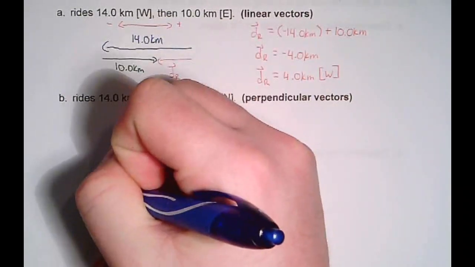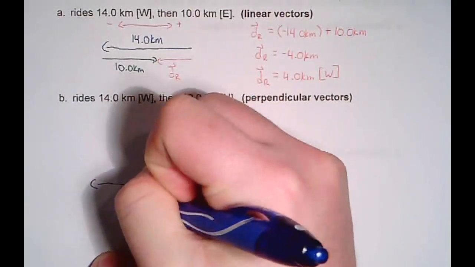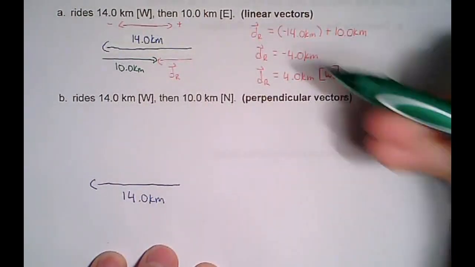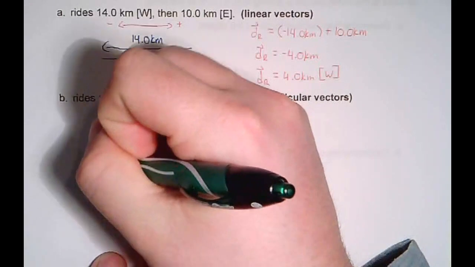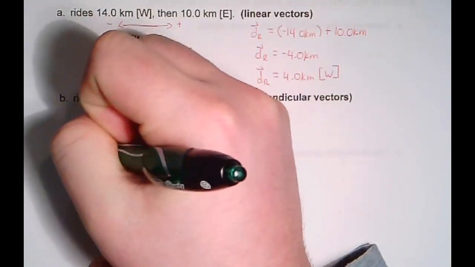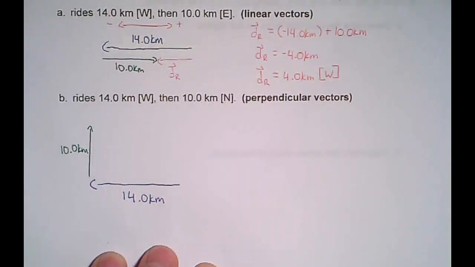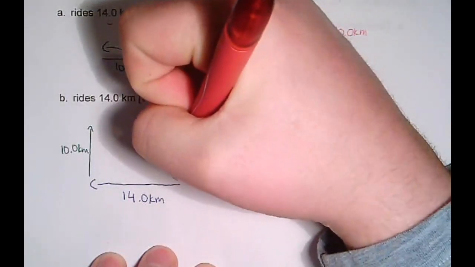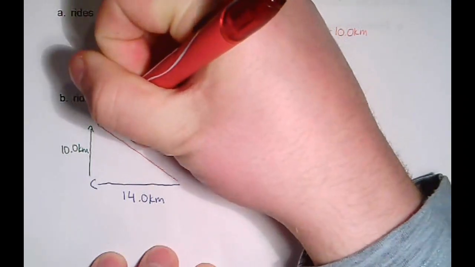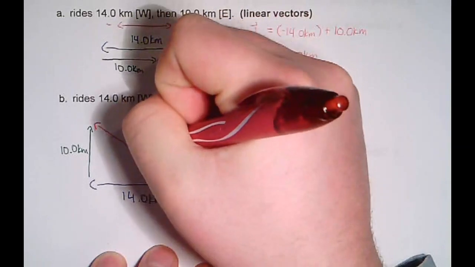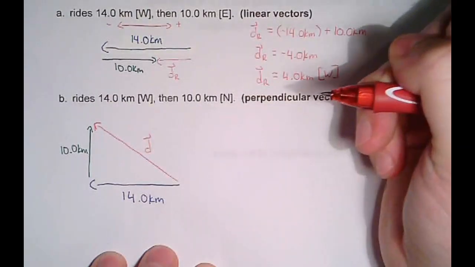He goes 14 kilometers west, but this time he changes his axis and heads 10 kilometers north. Our resultant vector we draw from the tail of the first vector to the tip of the last vector, and that is going to be our displacement.